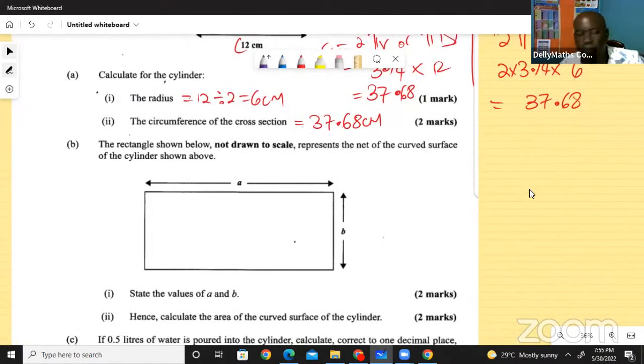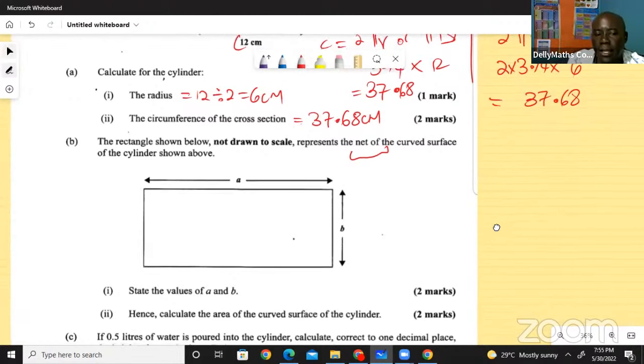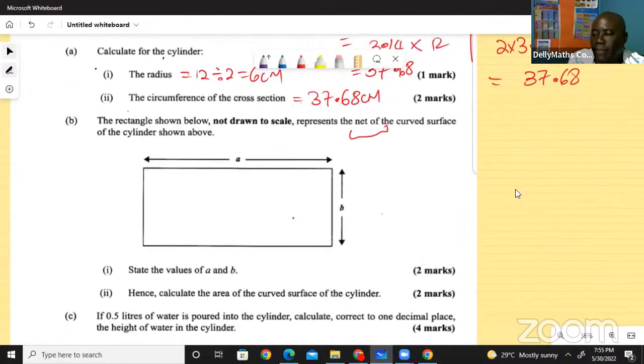Now, the question pushes further and it says, guess what? The rectangle shown, not drawn to scale, represents the net. The net means something that is used to form the thing. So the net is the development of something that is used to form the shape or the solid. It's like a flower leaf and you can turn it into a cylinder.